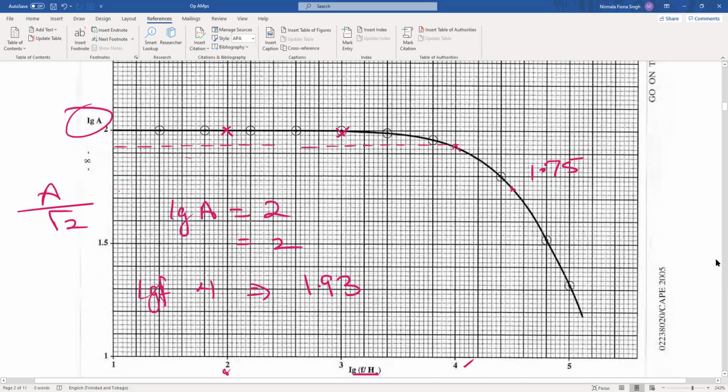Actually, that is wrong. The gain will actually be 1.8 something, and you read across to your frequency. So you go from a frequency of 1 to a frequency of 4.4.